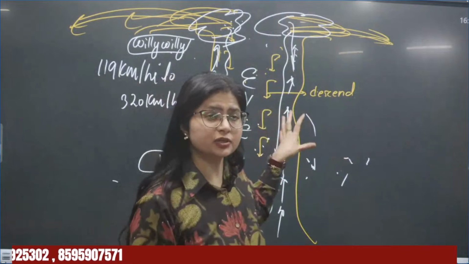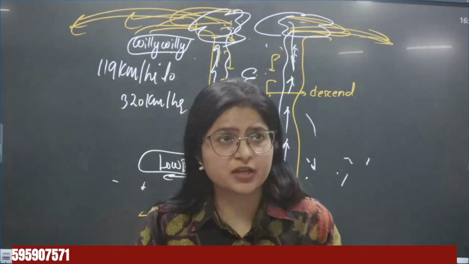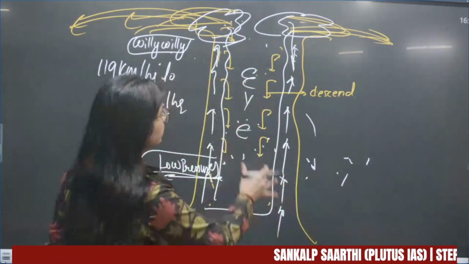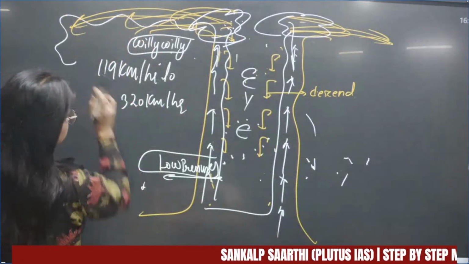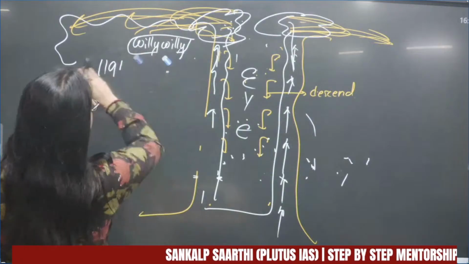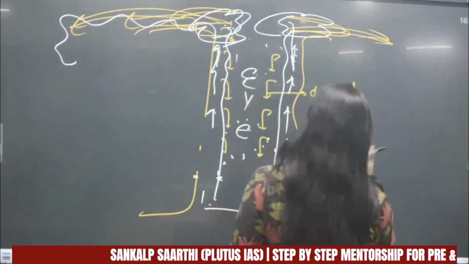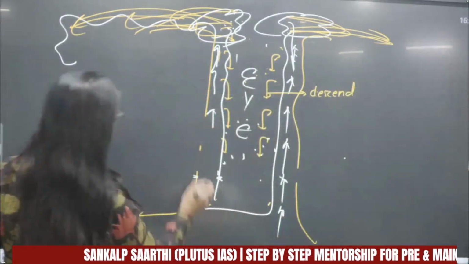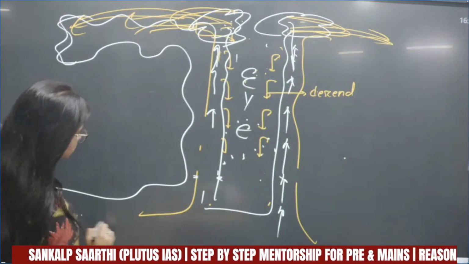When the level of this condition peaks, that is, when intensification happens, there will be a formation of what you call cumulonimbus clouds.